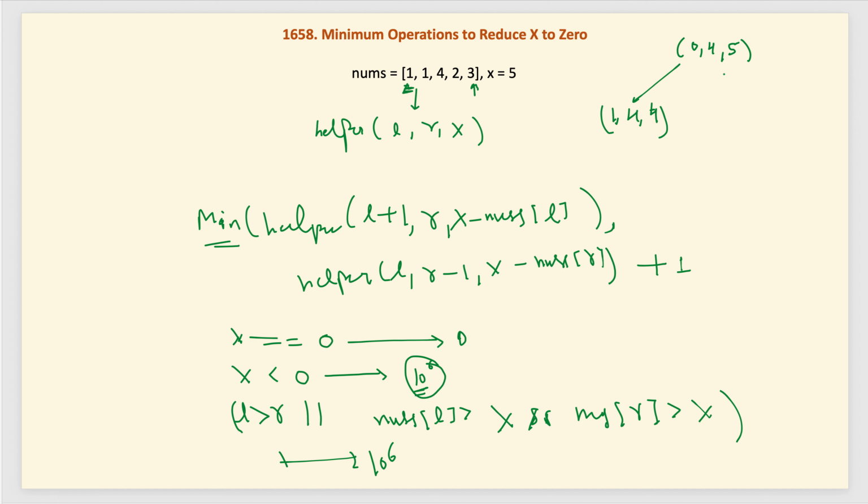Another case, we can take the right element first: L is 0 as it is, R decreases by 1 to 3, and we subtract the value of nums of R, which is 2. We keep trying all possible ways. Here we can go further, this becomes 2, 4 and 3, and one more step, 1, 3 and 1.